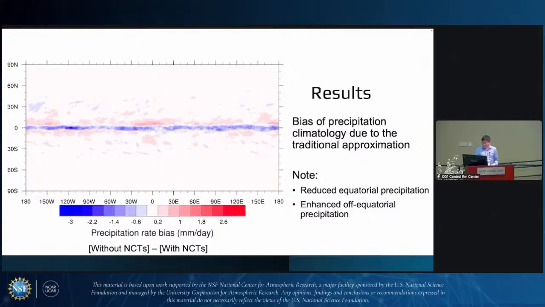This is the big difference in precipitation due to neglecting the non-traditional Coriolis term. As you can see, there is a reduction of precipitation at the equator and an enhanced precipitation in the off-equatorial tropics. That looks like a double ITCZ, so the double ITCZ may be related to this enhanced off-equatorial precipitation due to neglecting the non-traditional Coriolis terms.